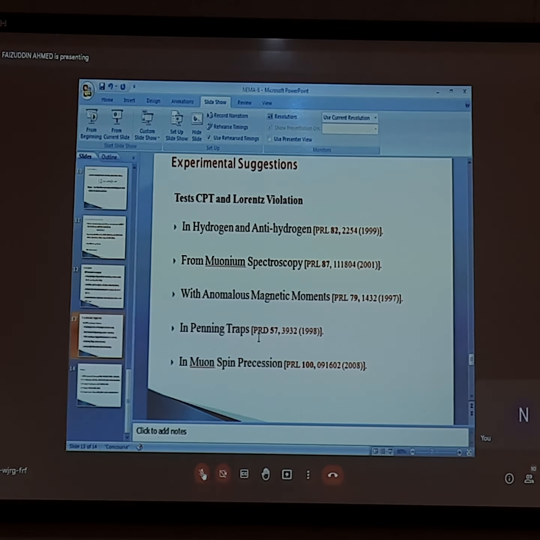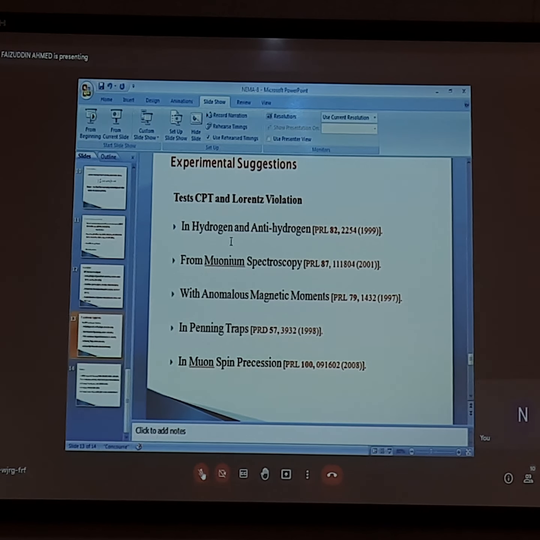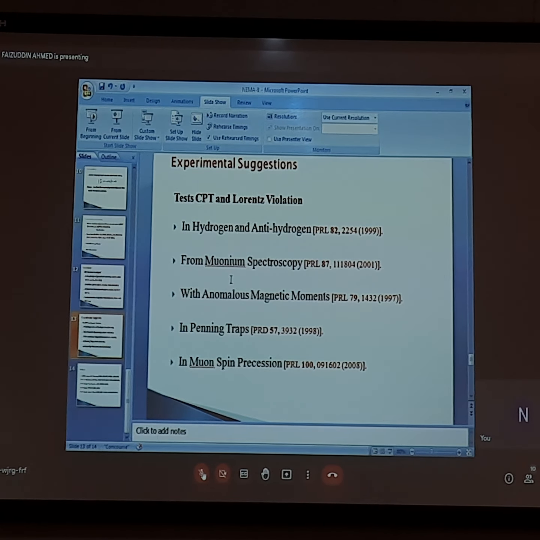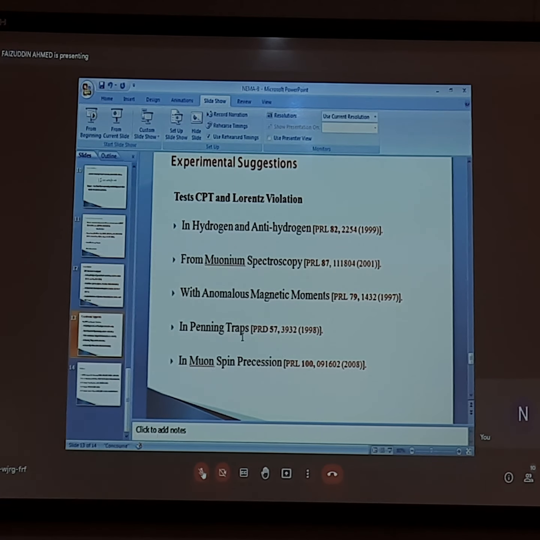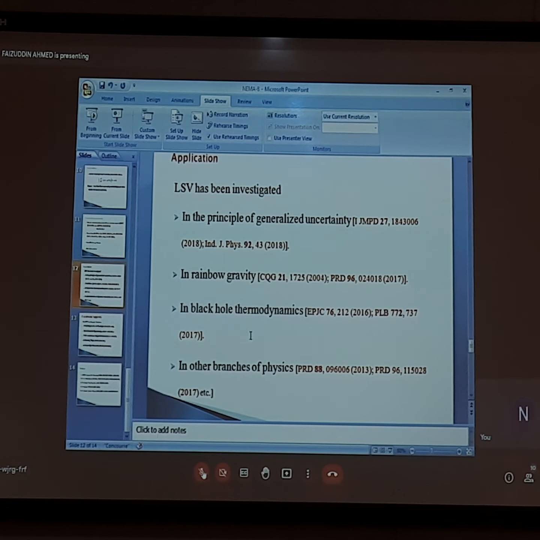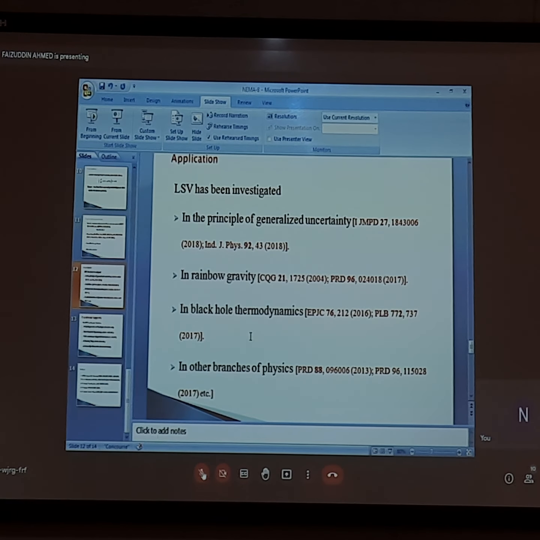Lorentz violation and CPT have been tested in hydrogen and anti-hydrogen, and in muon spectroscopy with anomalous magnetic moment and muon spin precession. Therefore, these are the possible ways to study spin half particles as well as spin zero particles under the effect of Lorentz violation.